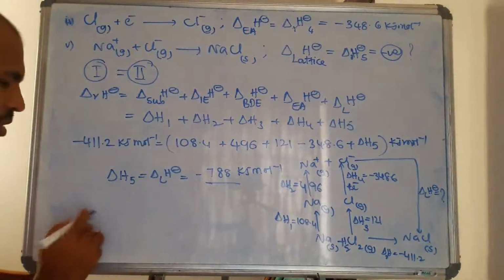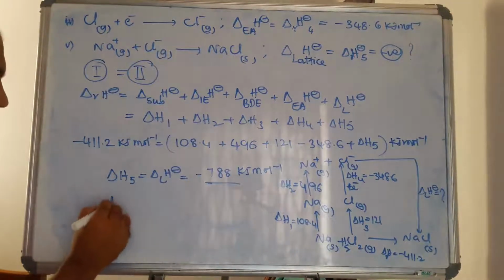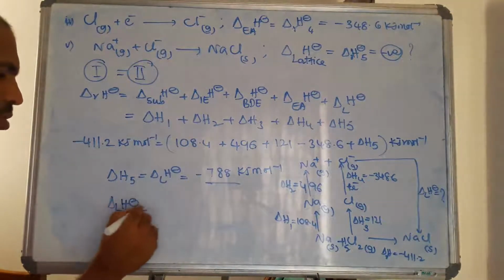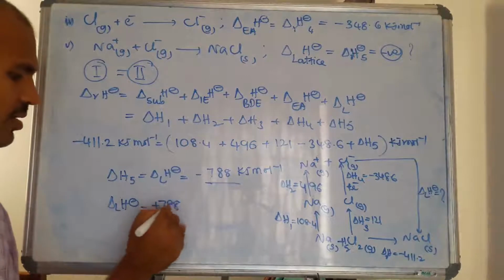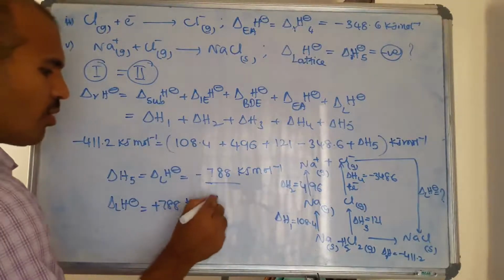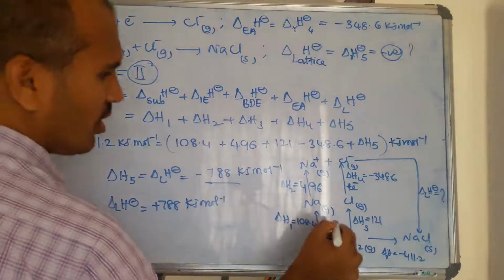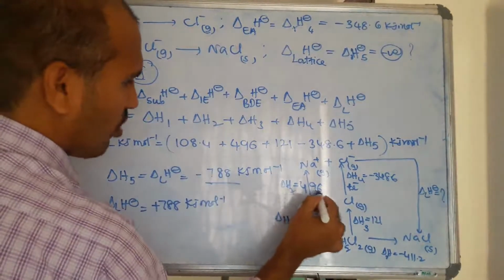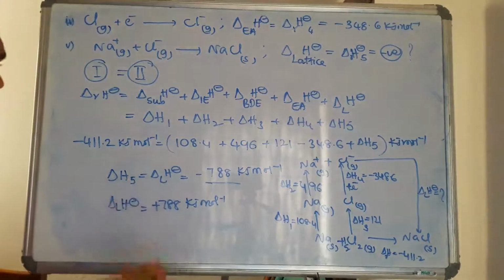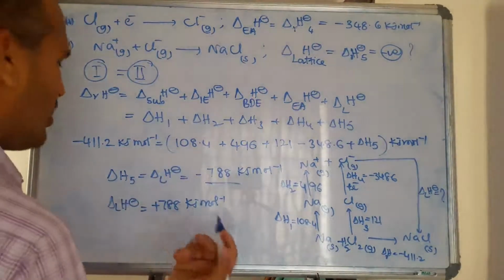Then in the enthalpy of solution, how is it reversed? Then the lattice enthalpy for dissociation is plus 788 kilojoule mole inverse. In some books we will get 787.6, based on this value. I wrote 496; if it is 495.6, then it is 787.6.